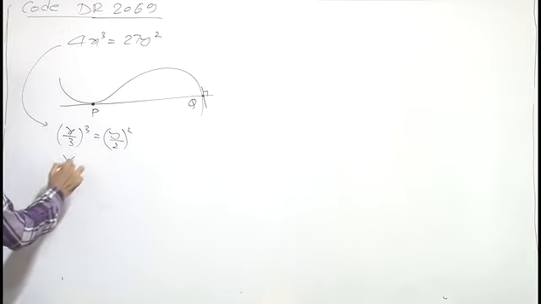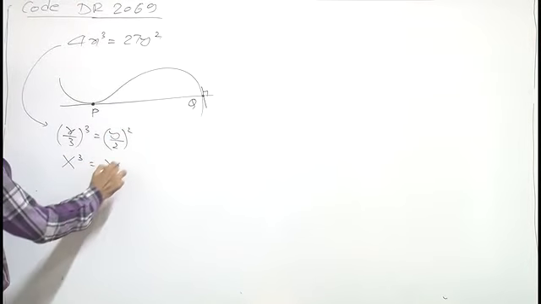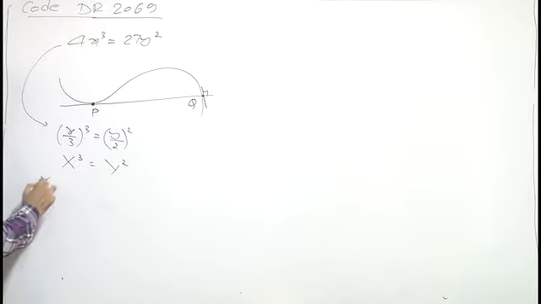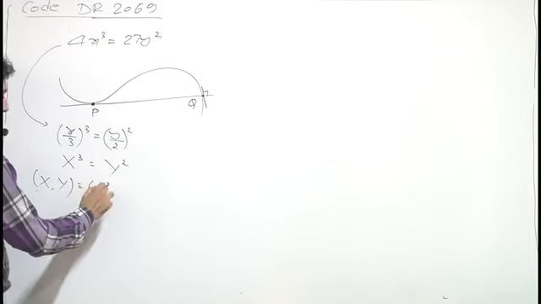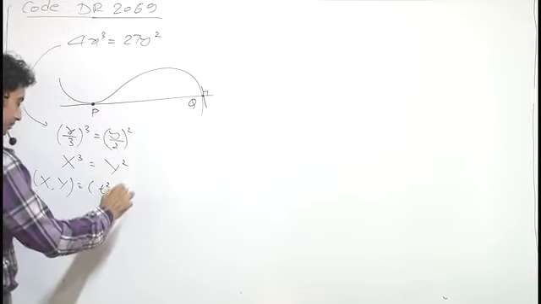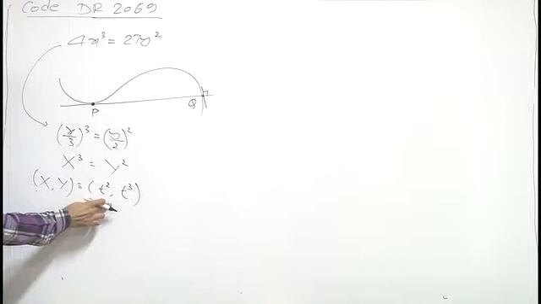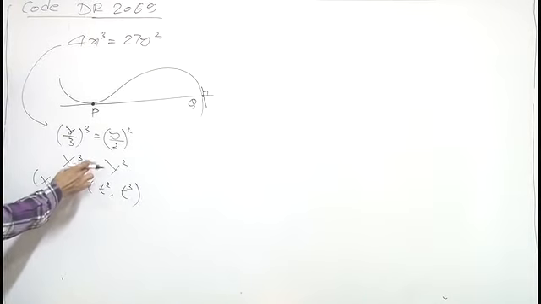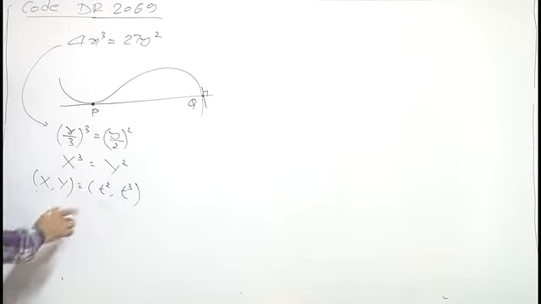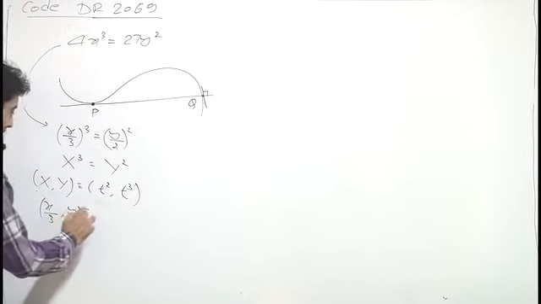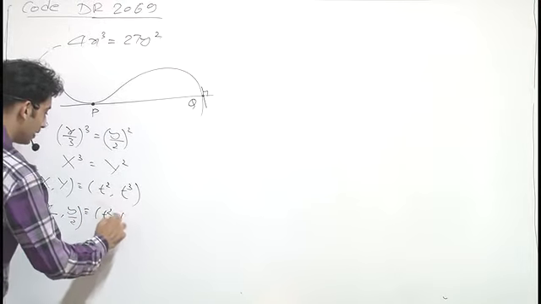If we write capital X cube equal to capital Y square, then we can take a parametric point like this, (X, Y) equal (t square, t cube). Any point in this form will always satisfy this curve. So we can take x/3, y/2 as t square, t cube.